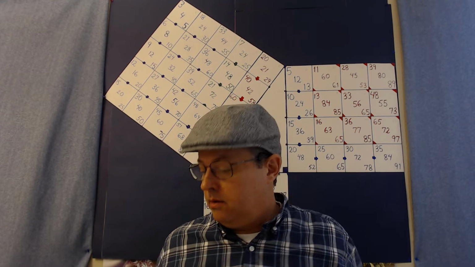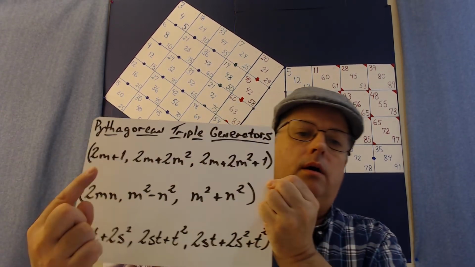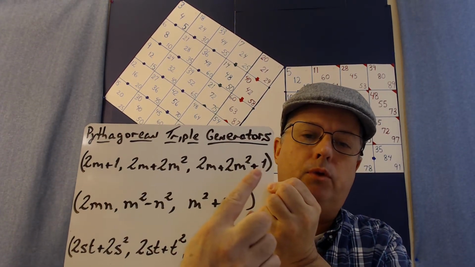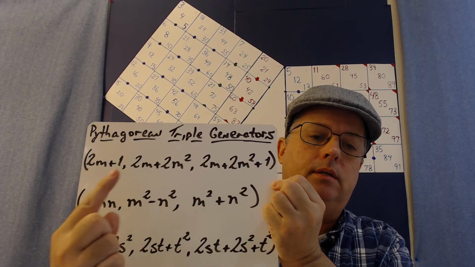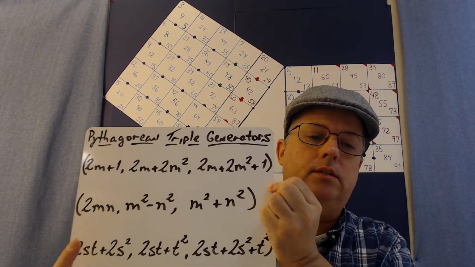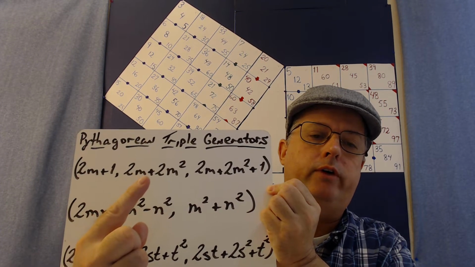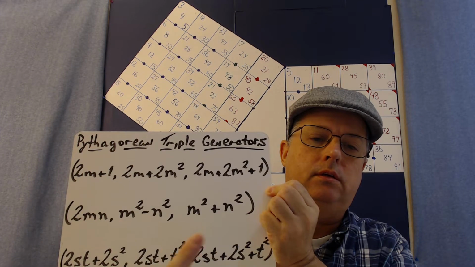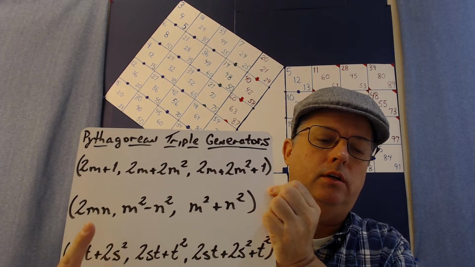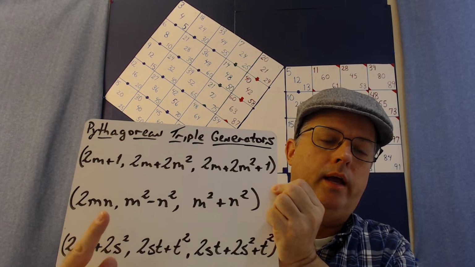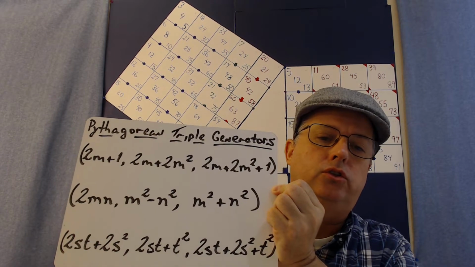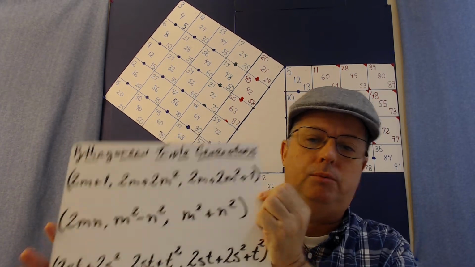And this one is different from the previous formula that we examined, because that formula requires just a single generator, m, where this formula requires two values to generate Pythagorean triples.